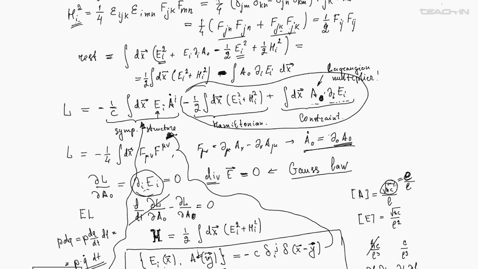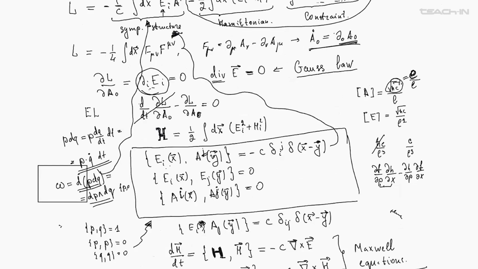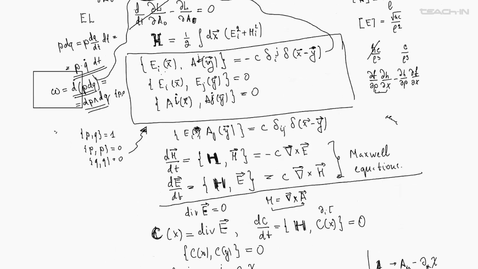So if I want to write down equations of motion for AI, then I need to take into account this term as well. Now, if you will be deriving equations of motion for H and E, as we did here, adding this term will produce no effect because this term will commute with H and E. That's why I allowed myself to omit it, because it doesn't contribute. But it does contribute if you consider the equation of motion for AI.